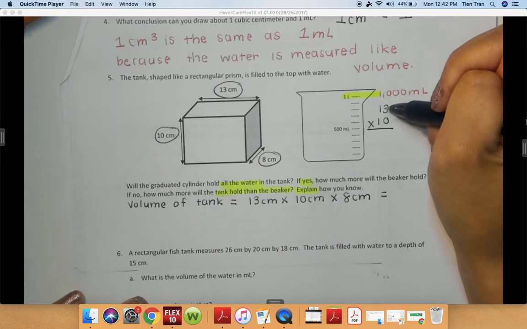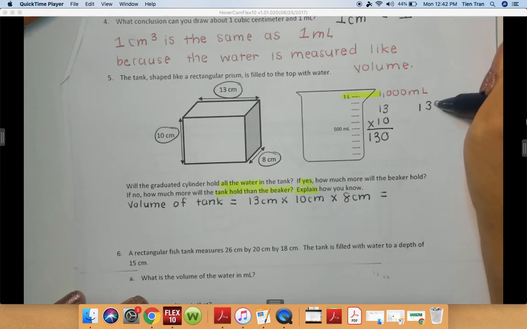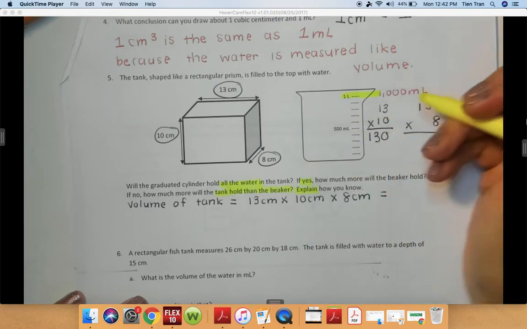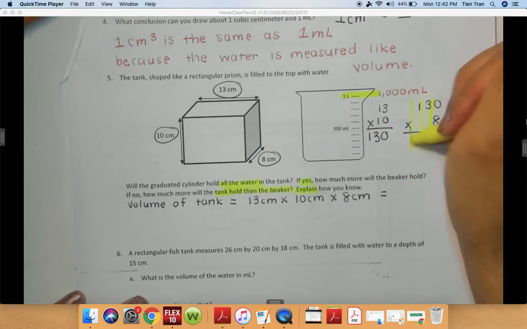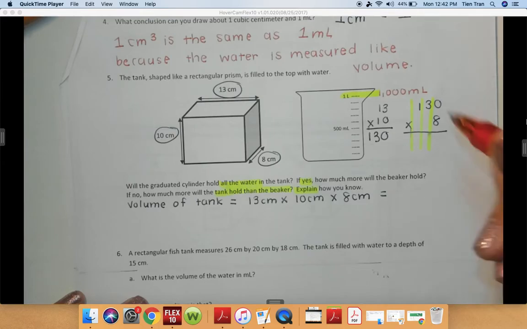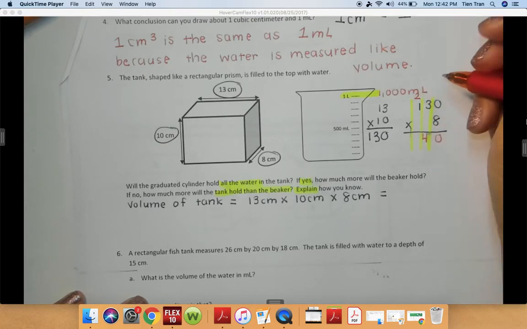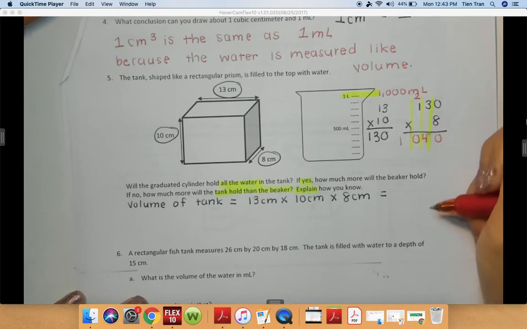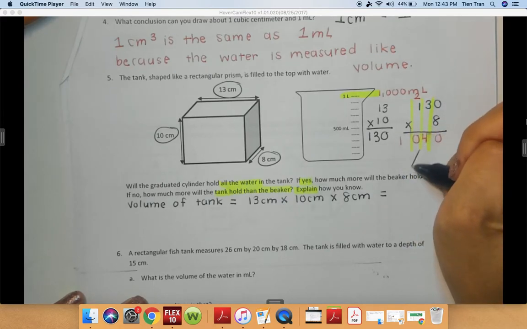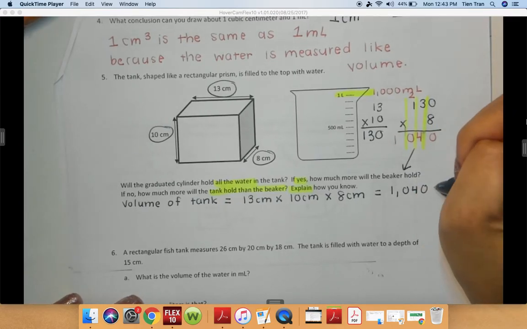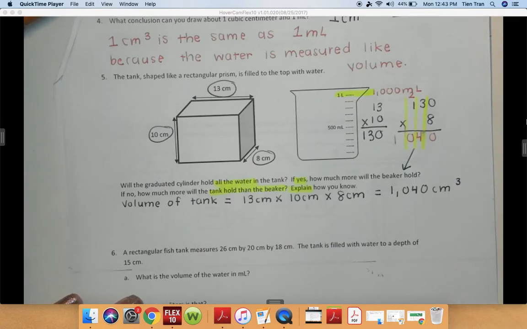I know that 13 times 1 is equal to 13, and I bring down my 0, so that's 130. 130 times 8. You can draw your lines if it helps you separate them. So 0 times 8 is equal to 0. 8 times 3 is equal to 24. 8 times 1 is 8 plus 2 is equal to 10. So this answer is going to go right there, 1,040 centimeters cubed.